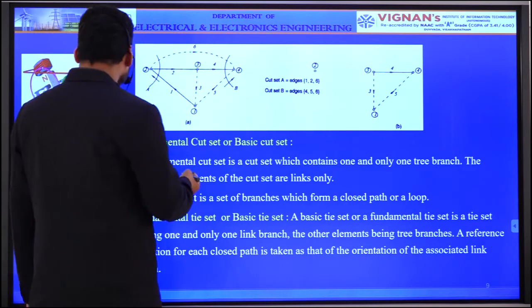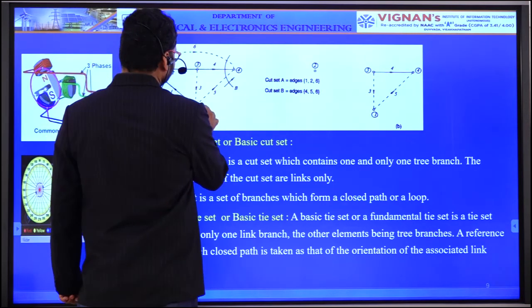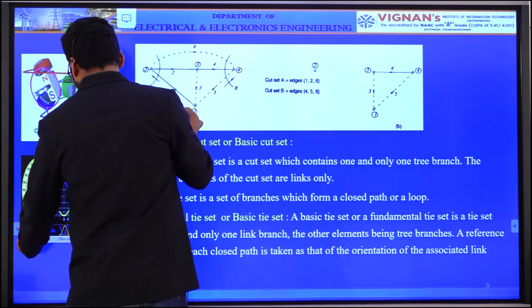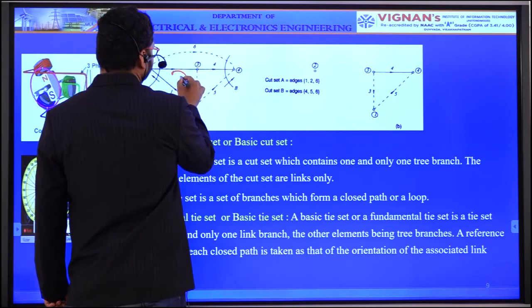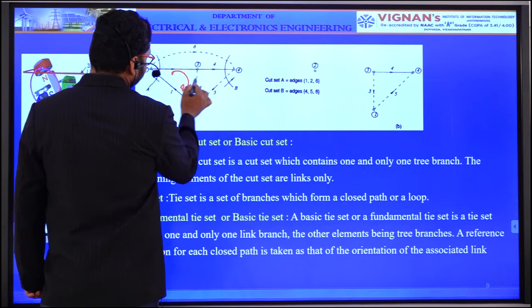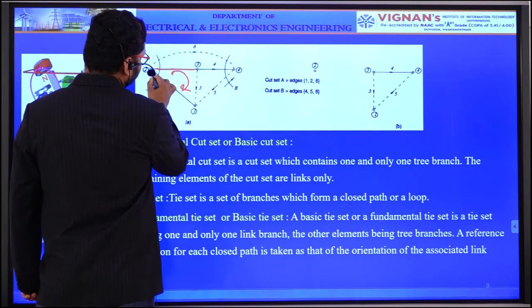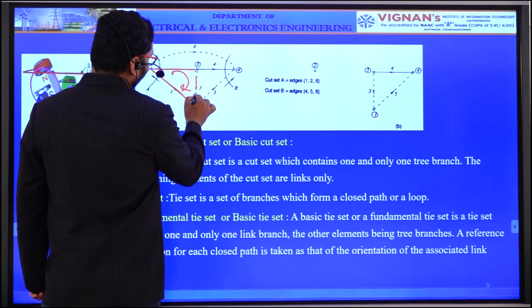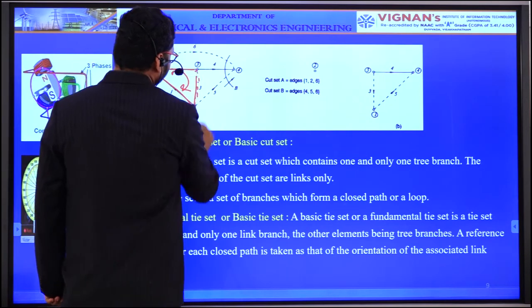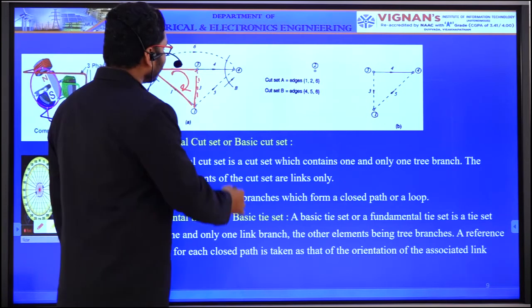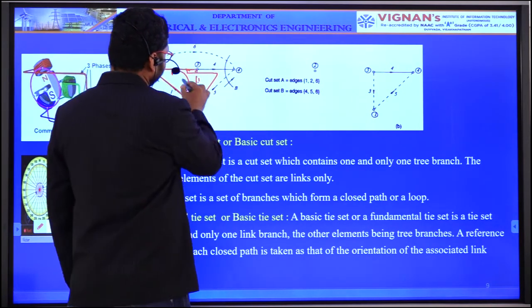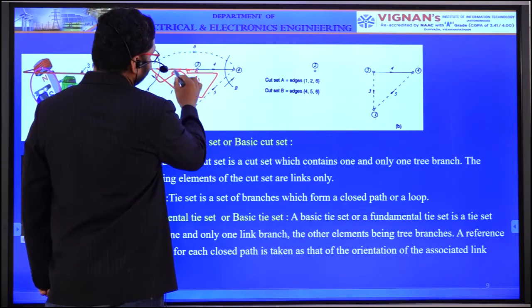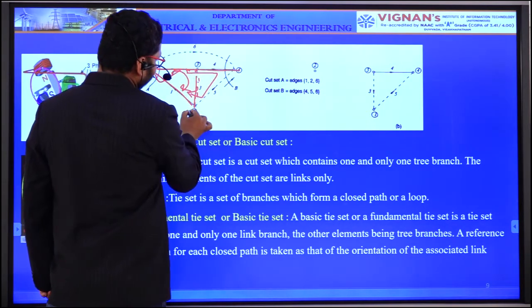Suppose in this case if you see, if you form the 1 to 3, this is a basic tie set because this is the tree branch, this is the tree branch, and only this is the co-tree branch. Okay, because this is the dotted one, this is the co-tree branch. Suppose if you see, this is another tie set. Okay, this is one tie set and this is also another tie set because only one link is there.